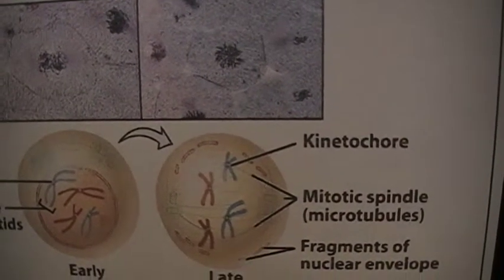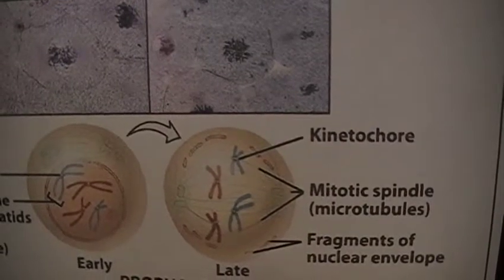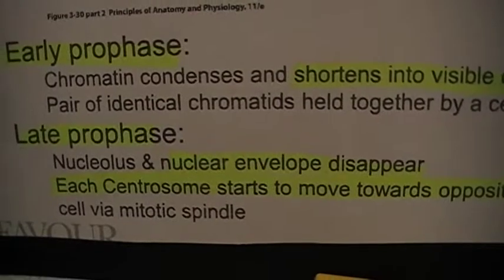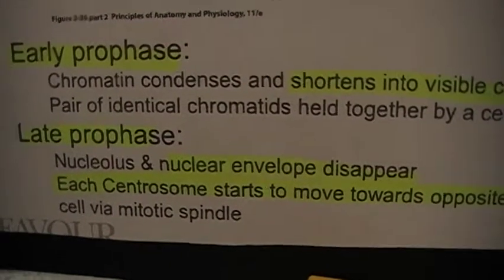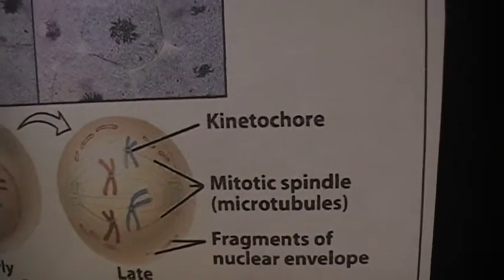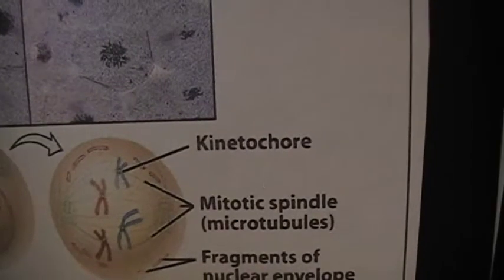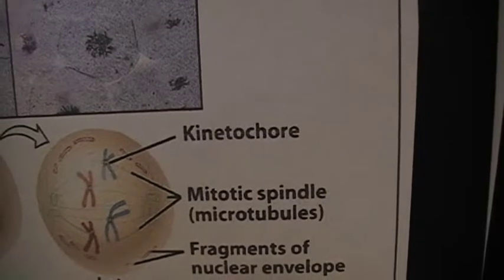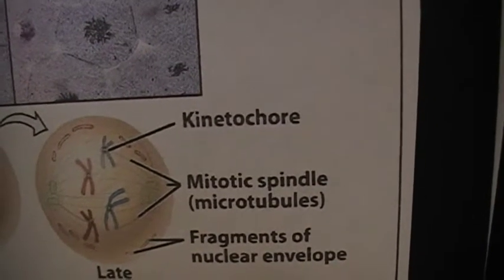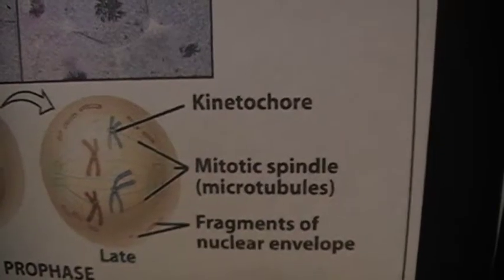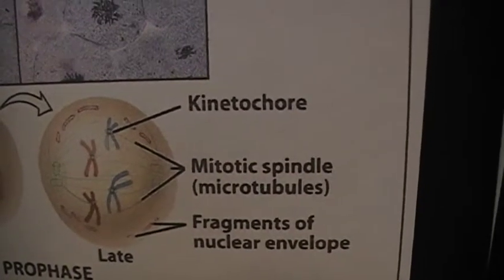In late prophase, the nucleolus and nuclear envelope disappear. And we know that each centrosome moves towards opposite ends of the cell via mitotic spindle.